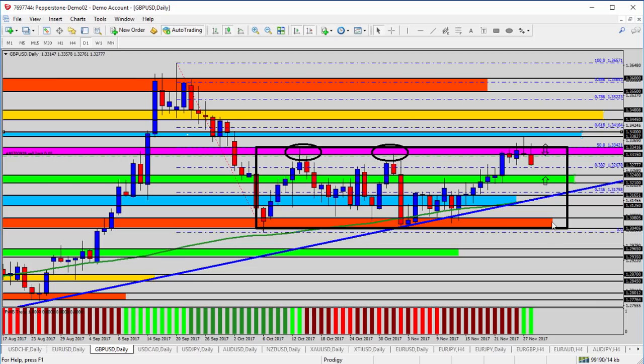Beyond that, we could even see it all the way down to the bottom of this black box in the range that we have been discussing, the orange shaded area, all the way down into the 1.3000. That would be a significant target if it bounces off the pink zone like it did these last two times, by the way, and goes all the way down to the orange shaded area underneath the 3100 level. So we'll keep an eye on that.